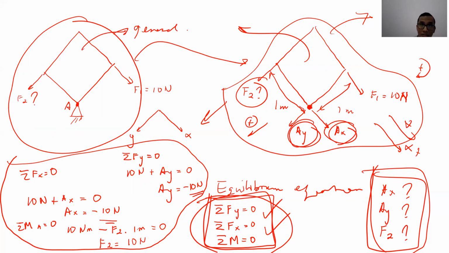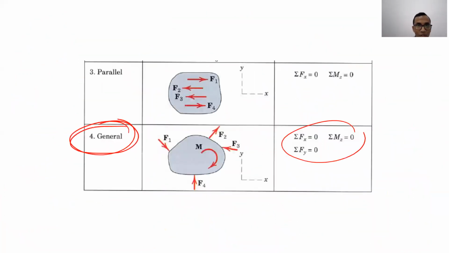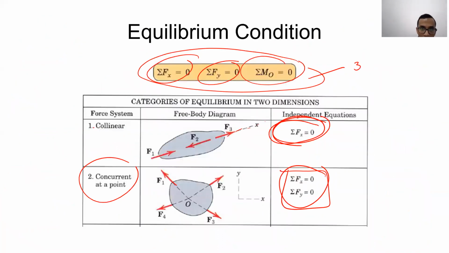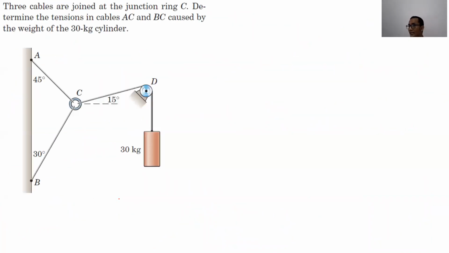Now I will show you the condition of this one. Concurrent at a point, which means a point equilibrium. This is the example of point equilibrium.